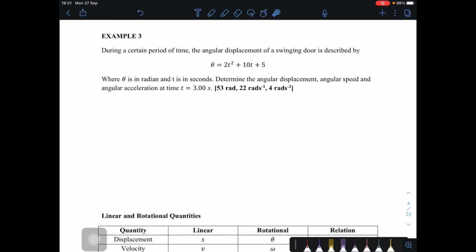Okay, next one, example 3. During a certain period of time, the angular displacement of a swinging door is described by this equation here, which is theta is equal to 2t squared plus 10t plus 5, where theta is in radian and t is in seconds. Determine the angular displacement, angular speed, and angular acceleration at time equal to 3 seconds.